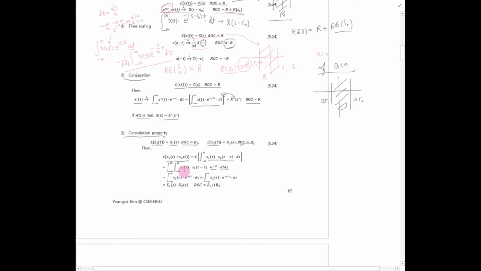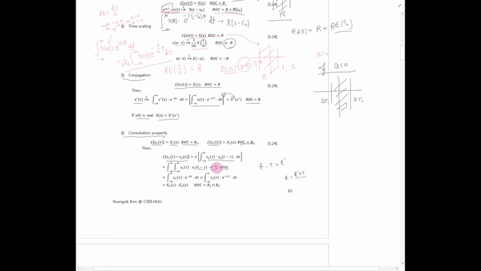Here is x1(tau) and e to the minus s tau. At this point, t minus tau is replaced by t prime, so t equals t prime plus tau.